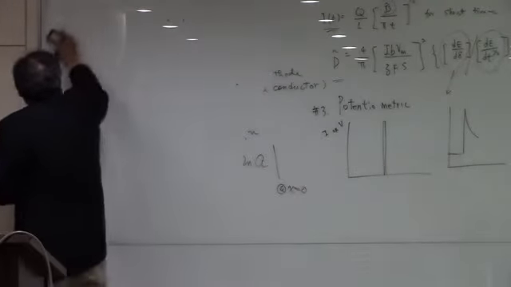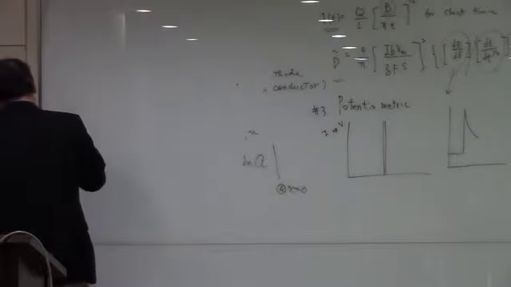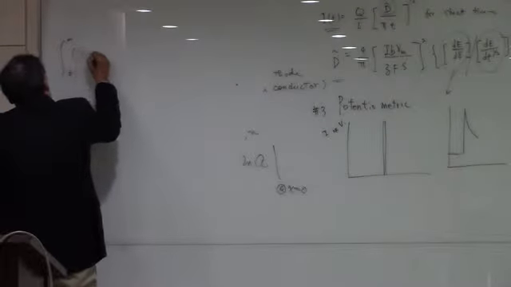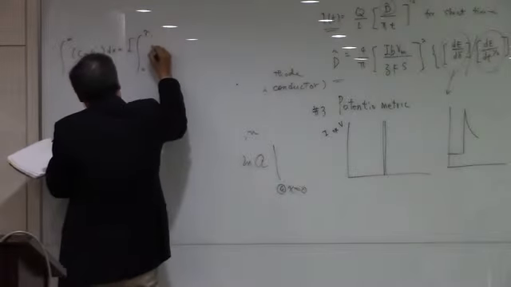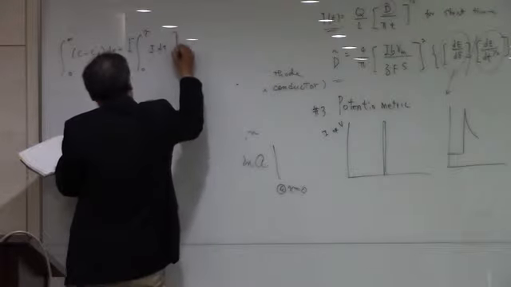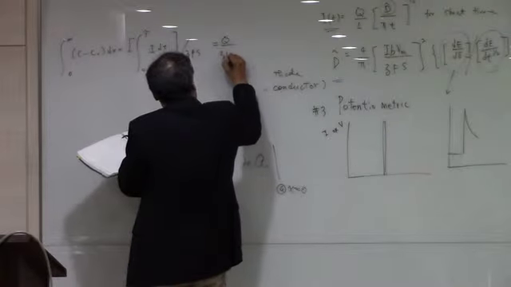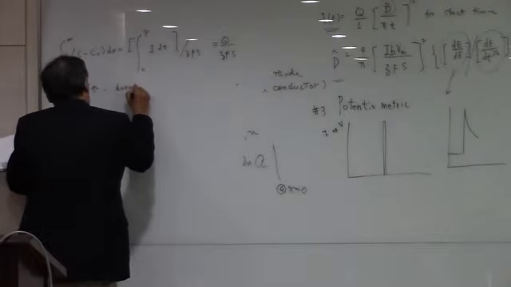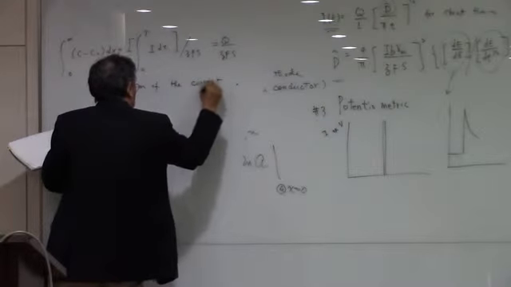And the solution is going to be as follows. The duration of the current pulse or the voltage pulse.